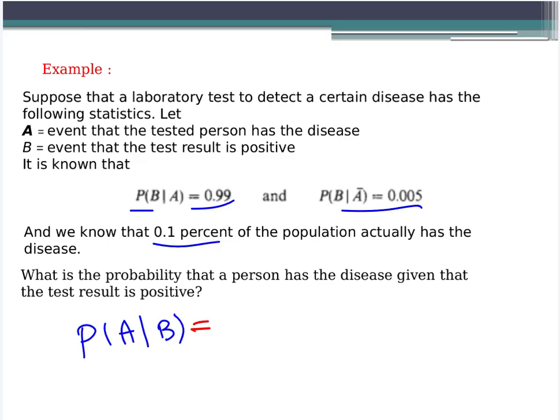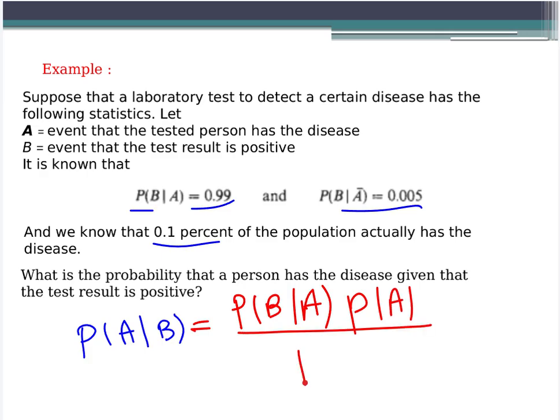The probability of A given B is equal to the probability of B given A times the probability of A divided by the probability of B. Any question?